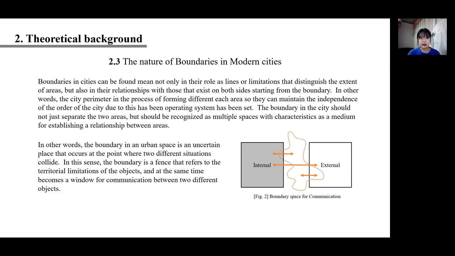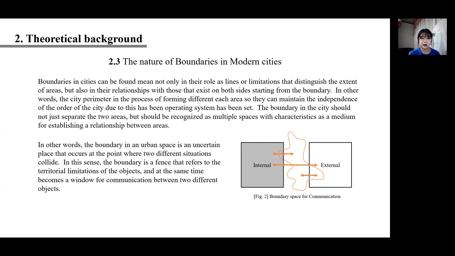Boundaries in cities can be found to mean not only their role as lines or limitations that distinguish the extent of areas, but also in their relationships with those that exist on both sides starting from the boundary.